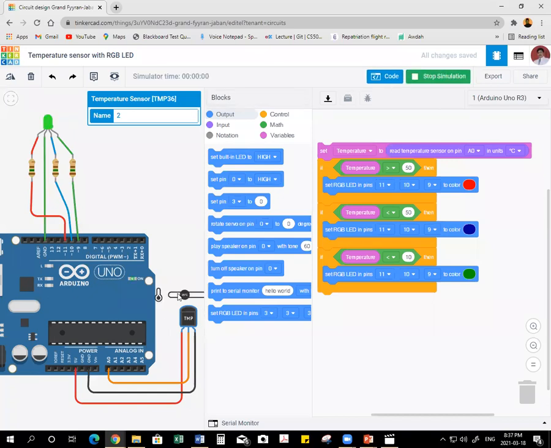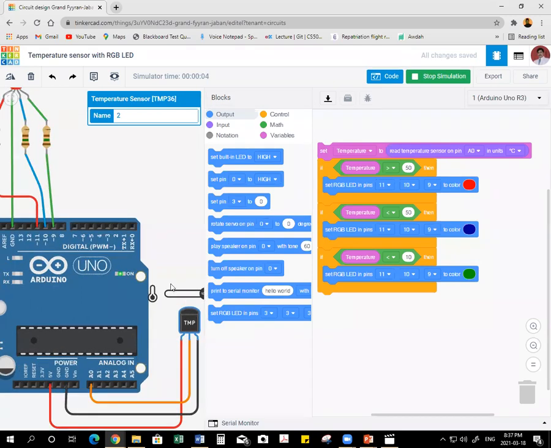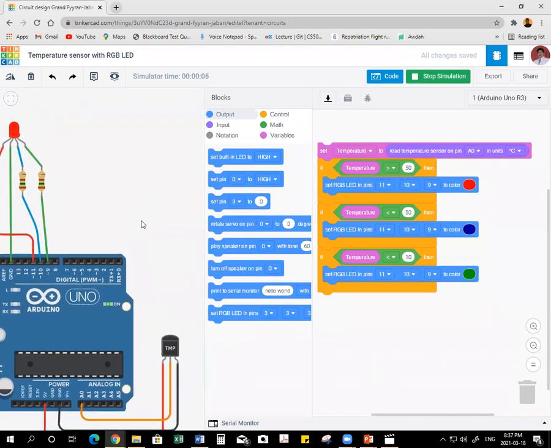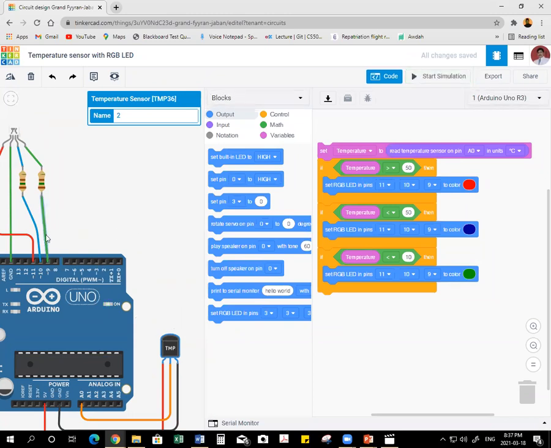So start this. Maximum it is red. More than 50 it is red. Sorry, you cannot see this. Okay. See, less than that it is green. So the problem is the connection, because here we are connected a different way, I think.